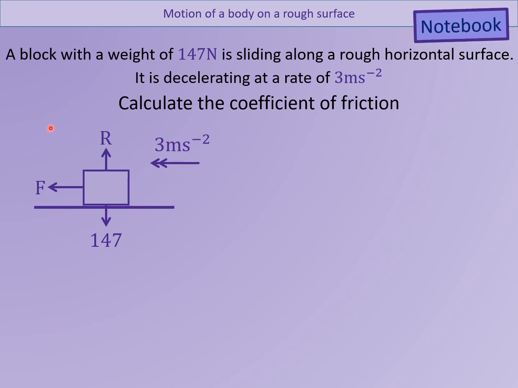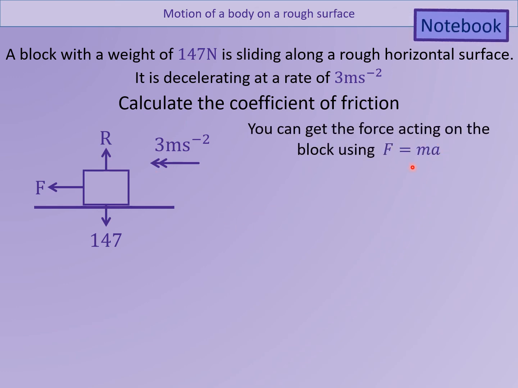Notice that because it's traveling in this direction, friction is acting against the direction of motion, as it always would be. So it's sliding along here, but friction is slowing it down at a rate of 3 meters per second squared. Okay, so what I'm going to use is F equals ma. Be careful, that F in this formula is all the forces acting on the block.